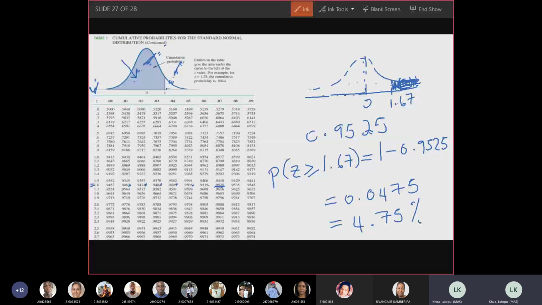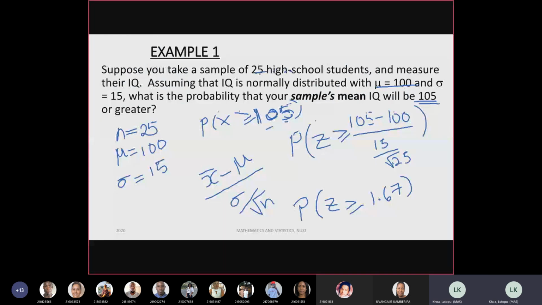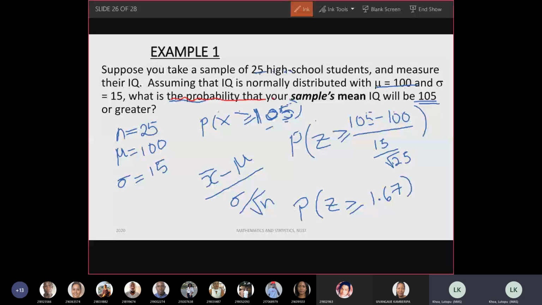So let me just go back. The question was, what is the probability that your sample's mean IQ will be 105 or greater? Now, when you're answering this question, what you should do is just take these words, and you'll say the probability that the sample mean IQ will be 105 or greater is 4.75%.